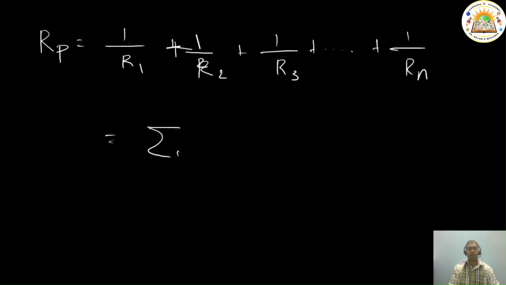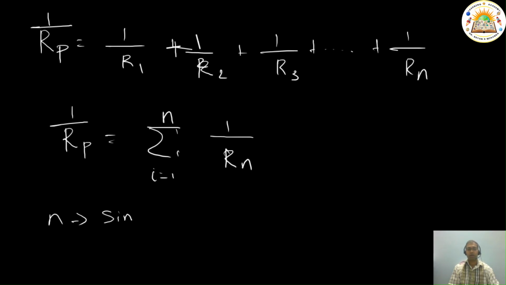Now here again you have to be very careful, it has to be 1 by Rp. So 1 by Rp is equal to sigma 1 by Rn, i equals 1 to N. This has to be done very carefully, otherwise we can tend to make mistakes. So for N similar resistances, I can do Rp is equal to R by N, because it is similar, I have just taken the reciprocal.